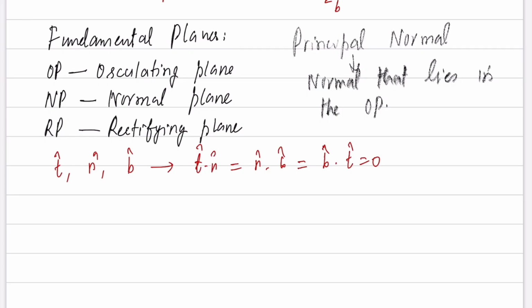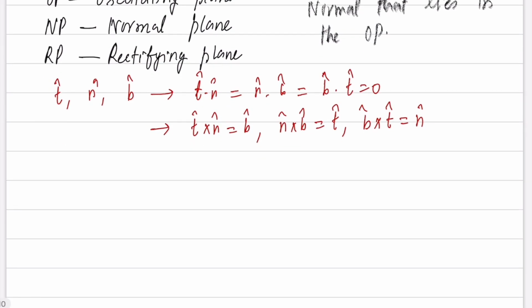Since they are unit vectors, T cross N is perpendicular to both T and N, and by definition that vector is B, the binormal, which is perpendicular to both tangent and normal. Similarly, N cross B is equal to T, and B cross T is equal to N.